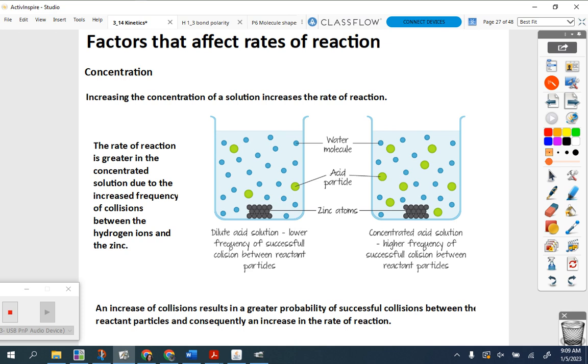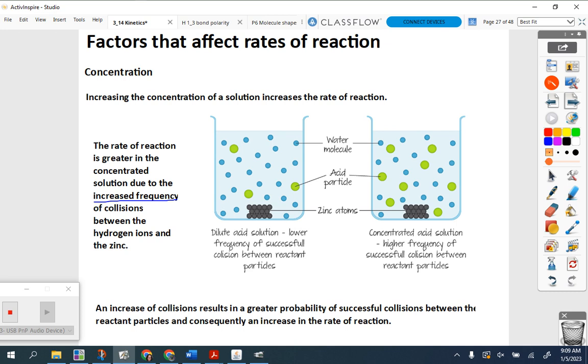There are fewer particles per liter. This one has a higher concentration. The more particles we have, the more frequently we're going to be able to collide with the other reactant. And so this is just going to increase the frequency. It's not going to do anything to the energy of the collisions, but it is going to increase the frequency and therefore increase the reaction rate.